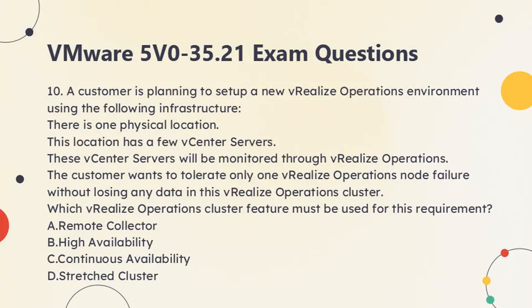The customer wants to tolerate only one vRealize Operations node failure without losing any data in this vRealize Operations cluster. Which vRealize Operations cluster feature must be used for this requirement? A. Remote collector. B. High availability. C. Continuous availability. D. Stretched cluster.